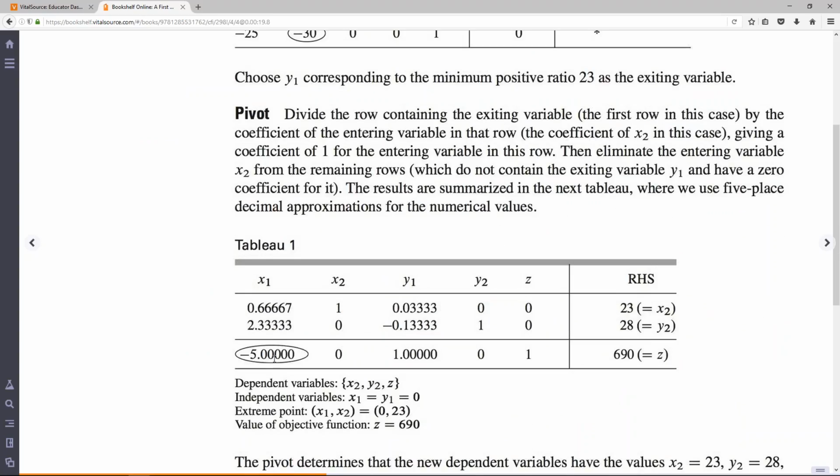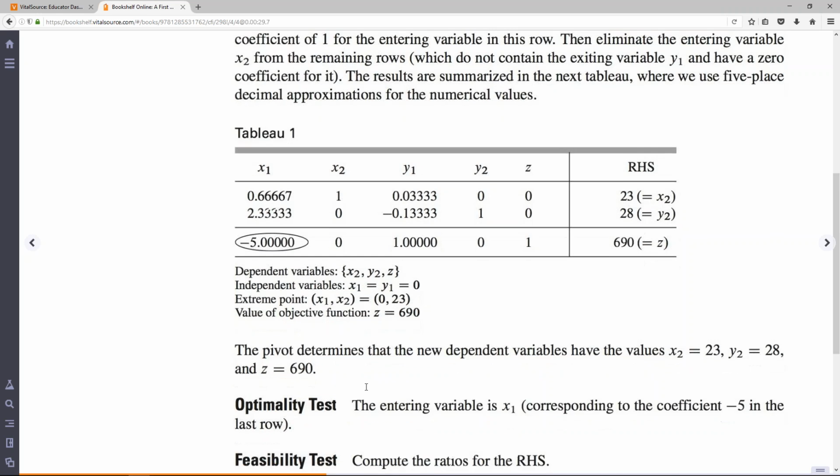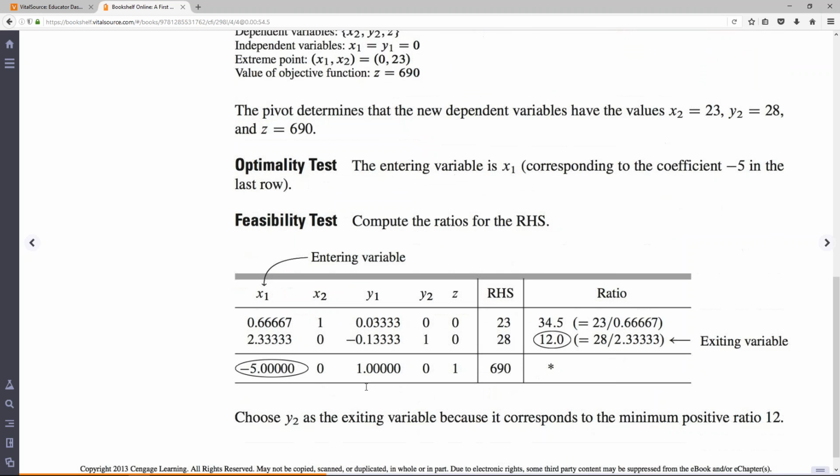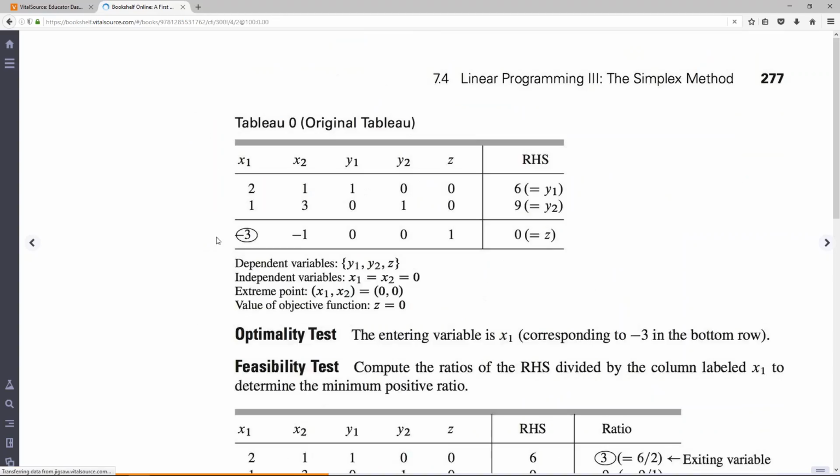And then at the end, there is a way to check the optimality test, which is based on this value of the objective function. Oh, the optimality test: because x1 and x2 have to be positive, but here it's negative, so it doesn't pass.